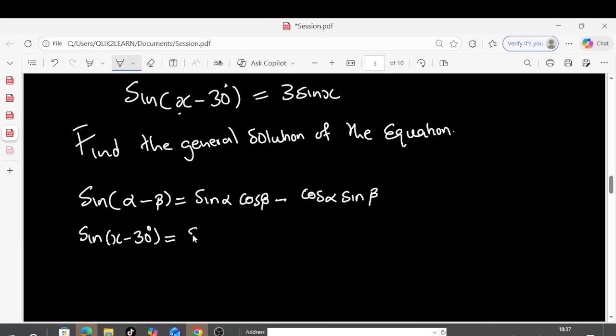We're going to say this is the sine of x, the cos of 30, minus the cos of x, the sine of 30. Right. So please let us not forget that this is equal to 3 the sine x. Let us keep that in mind.